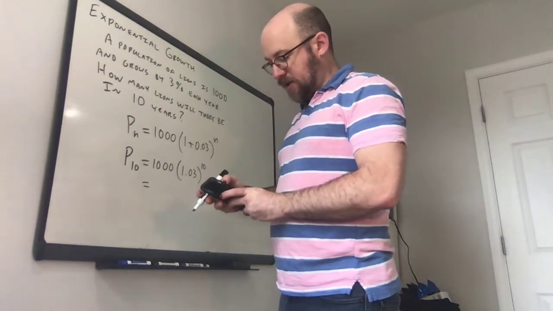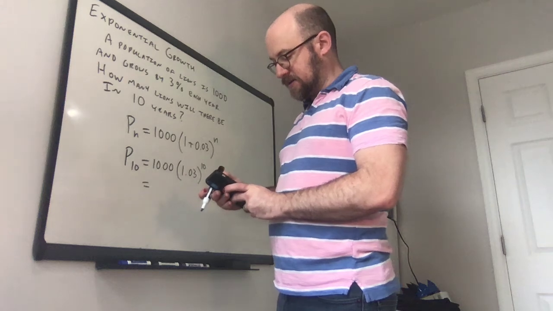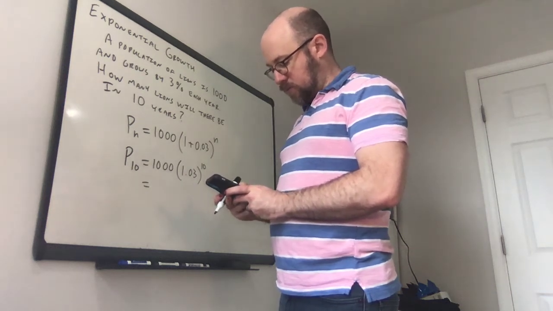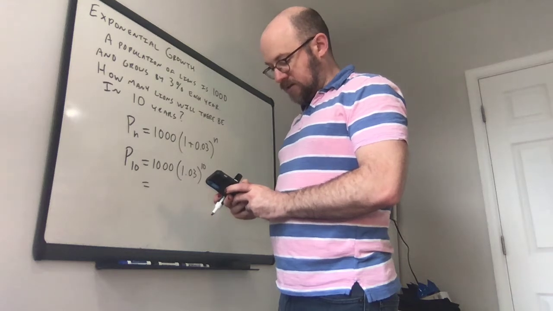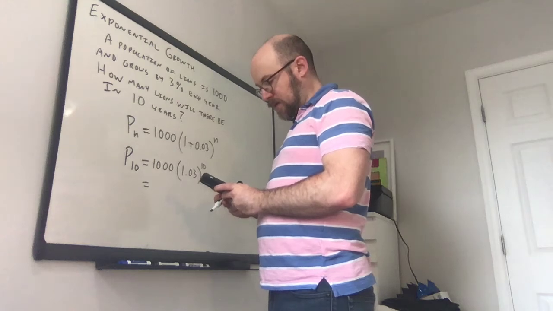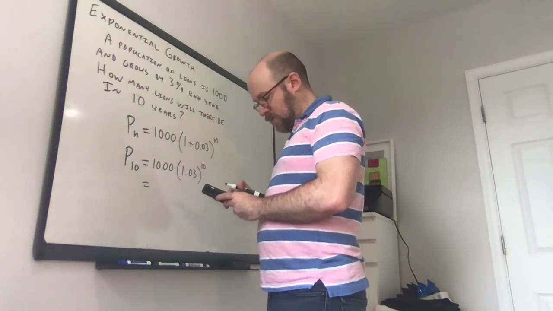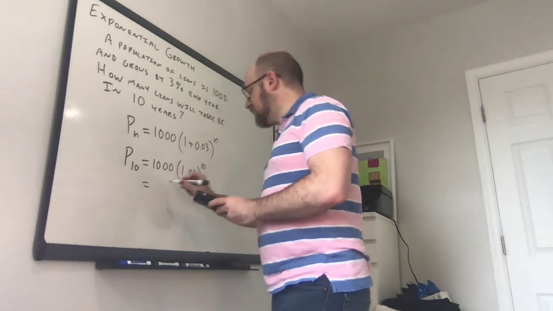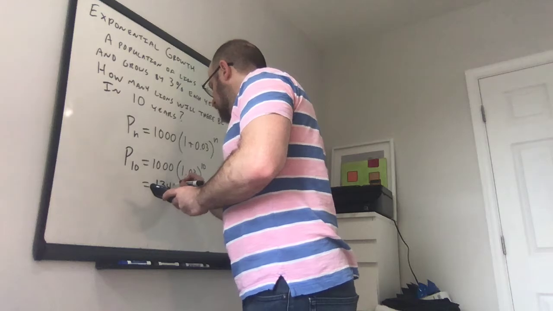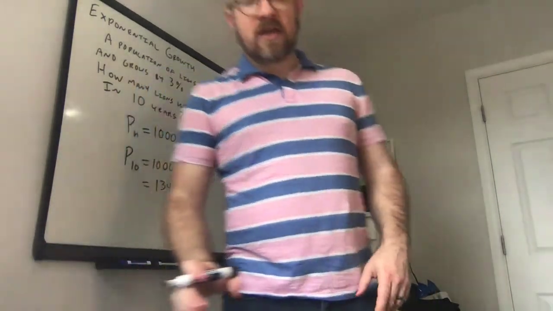We can just plug that right into our calculator, and 1,000 times 1.03 to the 10th gives us 1343.9. I'm going to round that up to 1344 lions in that year.